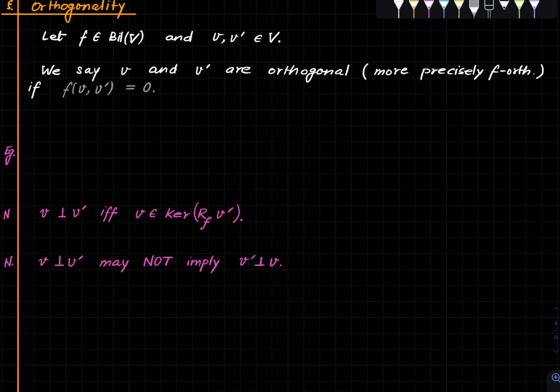And maybe one example. At this point, I do not want to give too many examples of this. When we do inner products, things will be more clear. But as of now, let's just look at the most basic possible example.